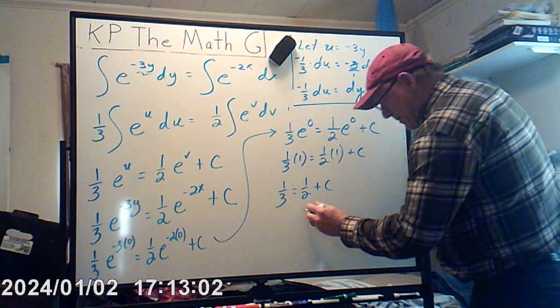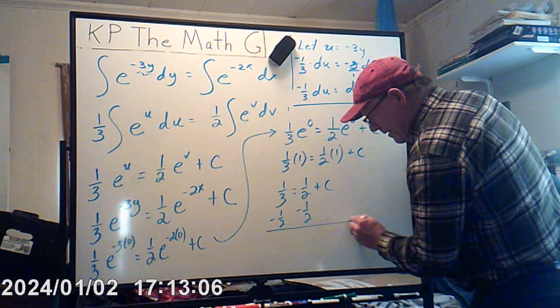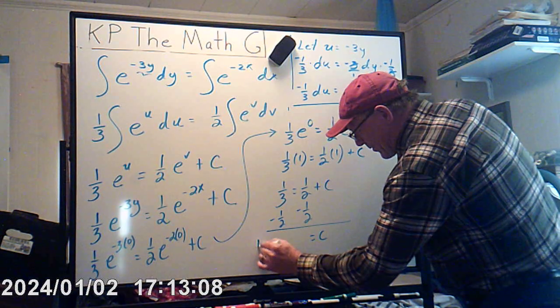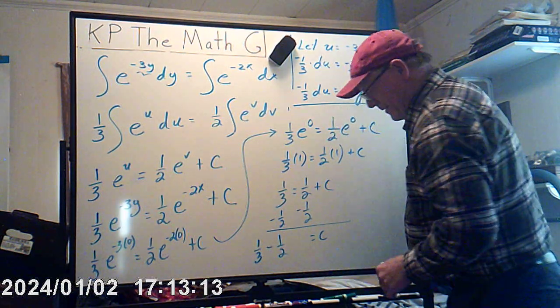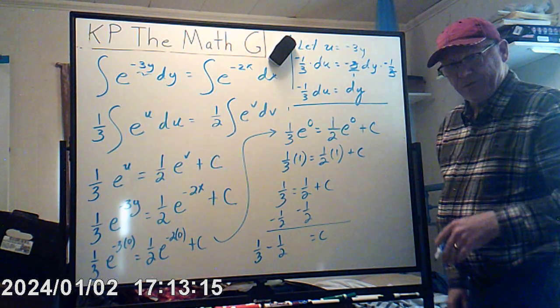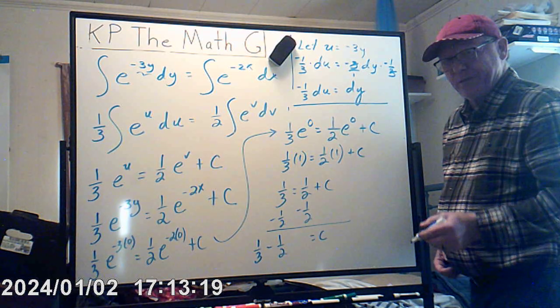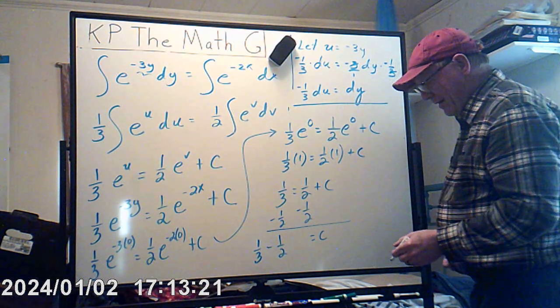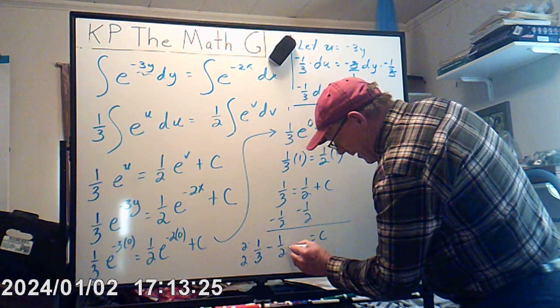Alright, so now I'm just going to subtract 1/2 from both sides. So c is equal to 1/3 minus 1/2. Well, what's that? Let's find the common denominator. 6 is the common denominator between 2 and 3. So I'm going to multiply this by 2 and this by 3.